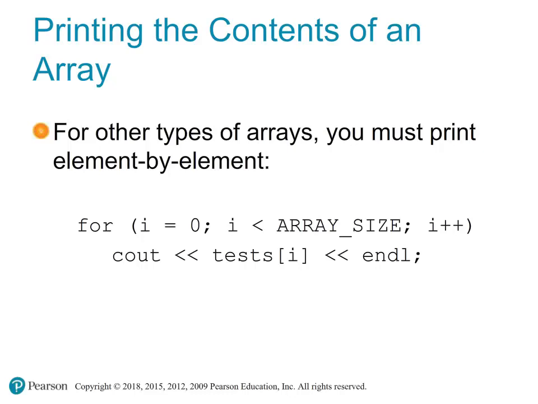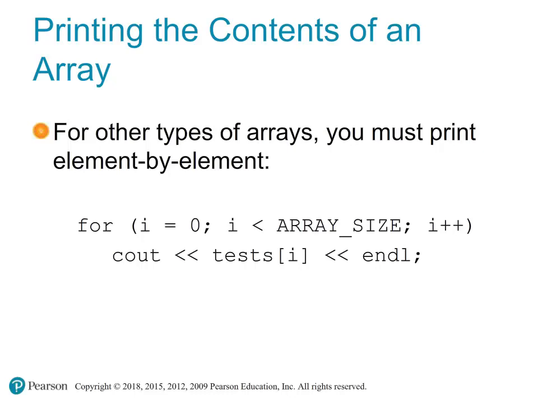In the code on this slide, we use a for loop that starts with i equals 0 and goes up to array size minus 1. Inside the loop, we use cout to print the value stored at each index i of the array named tests.